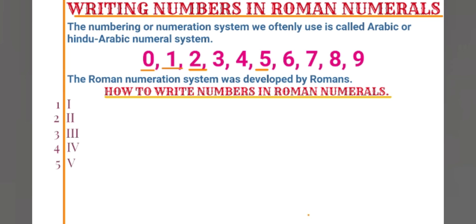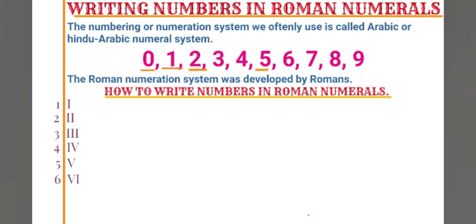Now for 5, you would use only 1 capital V. For 6, you would use 1 capital V and 1 I. Do remember that 4 has IV. In 4, I comes first and V comes second. But in 6, V comes first and I comes second.